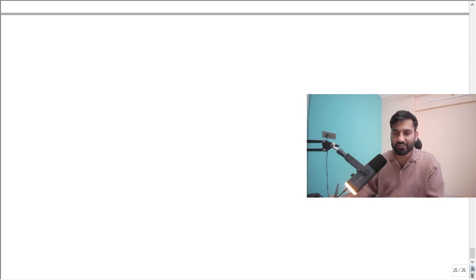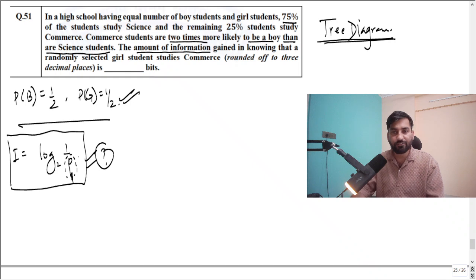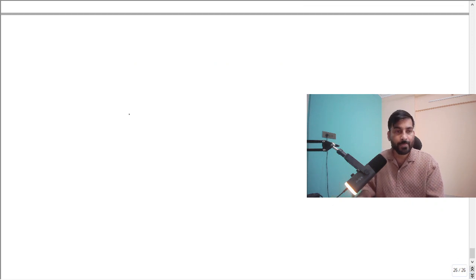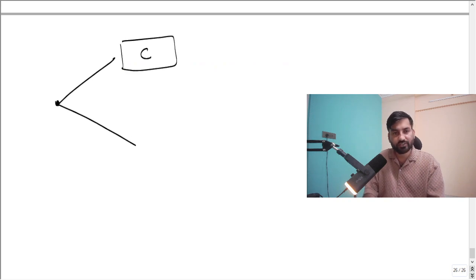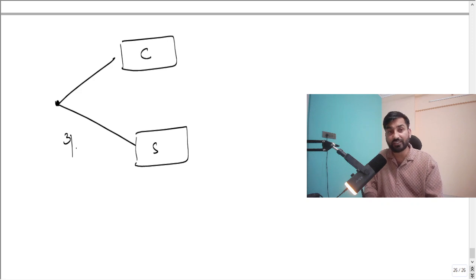What they have given in the question is that 75% of the students study science and the remaining 25% study commerce. So in the school there are commerce students and science students. Science students are 75%, that is 3 by 4, and commerce students are 1 by 4.